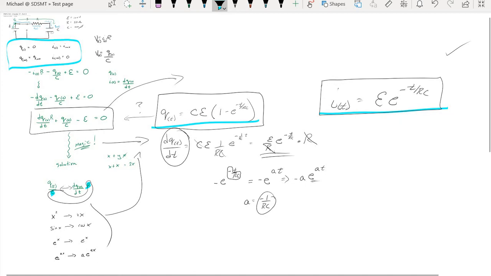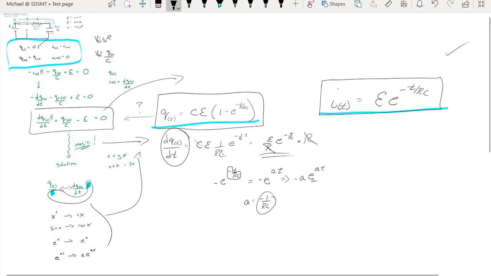We said that at time 0 there should be no charge on the capacitor plate. Here's the charge expression. If we let time go to 0, what happens? Well, we get e to the 0, and anything to the 0th power is 1, but that means we have 1 minus 1, which is 0, so yep, that is working out. That matches up.